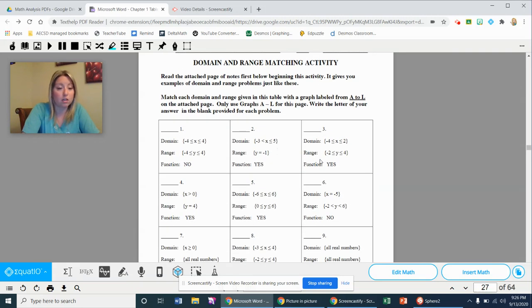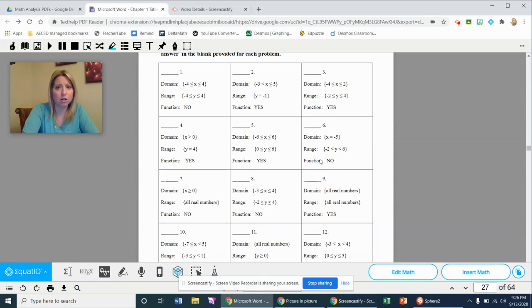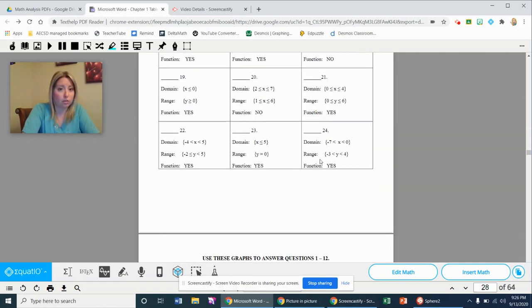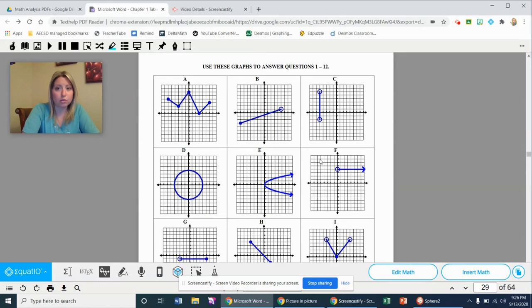So lesson 3, day 2 is matching. Here are a bunch of domains and ranges and function or not a function. And there's another bunch. These are the matching pictures.